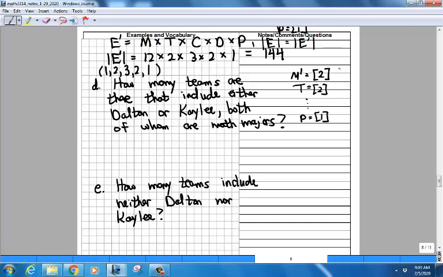Now this may be different than what I used before, but now I'm going to say Math Major 1 is Kaylee, Math Major 2 is Dalton. So another way of thinking of M prime, other than just as 2 integers, is as just the names, these 2 words, Dalton, Kaylee.